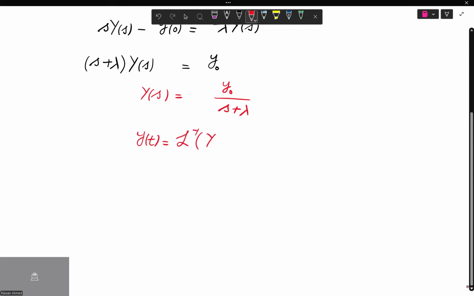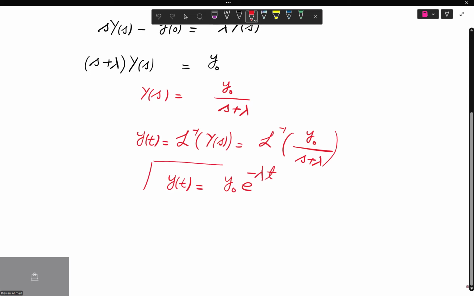So the inverse transform is equal to the inverse transform of the right hand side, y naught over s plus lambda. So the y of t expression is then simply, by the property, 1 over s plus lambda, so it is e raised to the power minus lambda t.